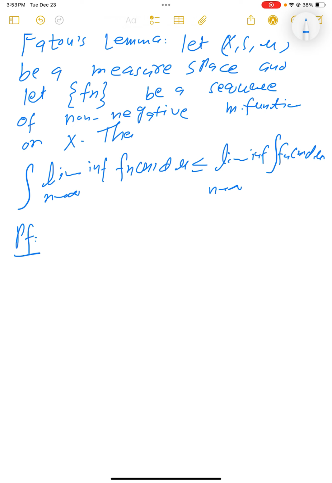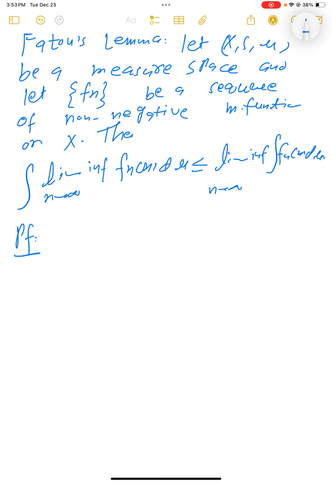What we need to do is apply MCT, because we have a tool that we can use. But MCT says that you need to come up with an increasing sequence of non-negative measurable functions.